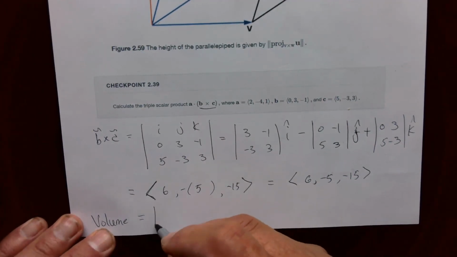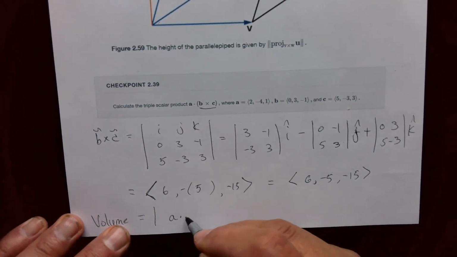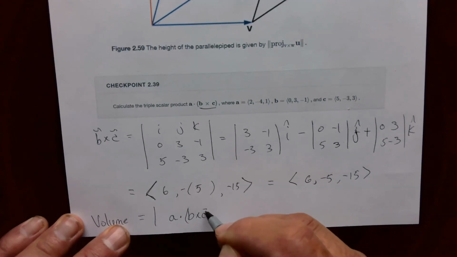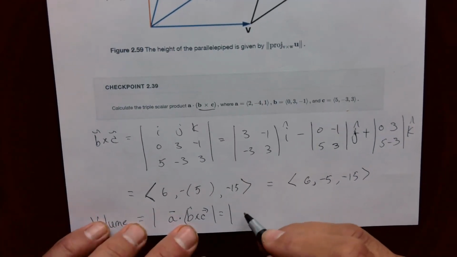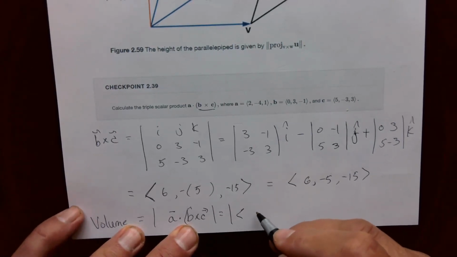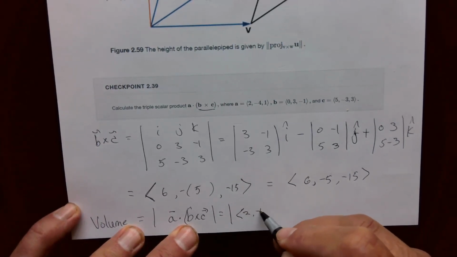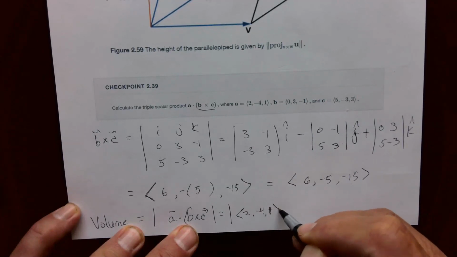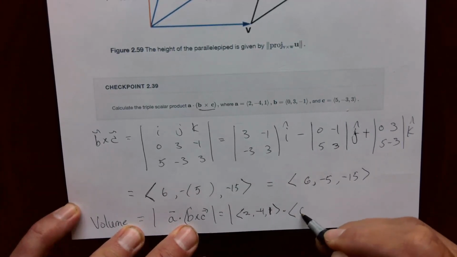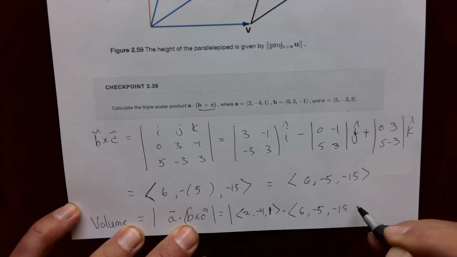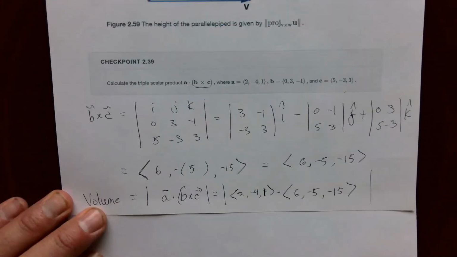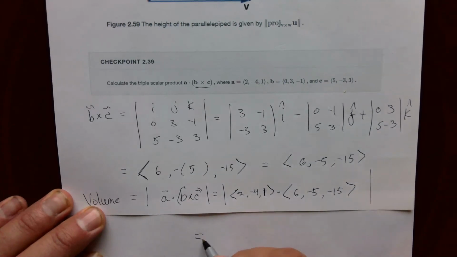Now to get the volume of the parallelepiped, what we're going to do is the absolute value of A dotted with the vector B cross C. So we're going to take the absolute value of what we get by taking the vector A, writing those components down. We get 2, -4, 1, dotted with what we just came up with, 6, -5, -15. Computing that dot product and then taking the absolute value.